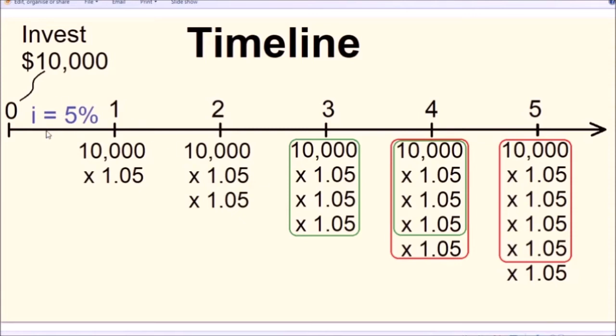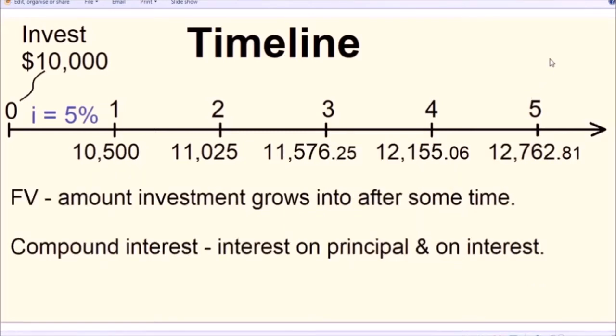So this sort of interest, where interest is earned, for example, during year 4, interest is earned on all of the original principal, the 10,000, and also interest is earned on all of the previously earned interest during the first 3 years. So this type of interest, where you earn interest on the principal amount and also interest on interest, is called compound interest.